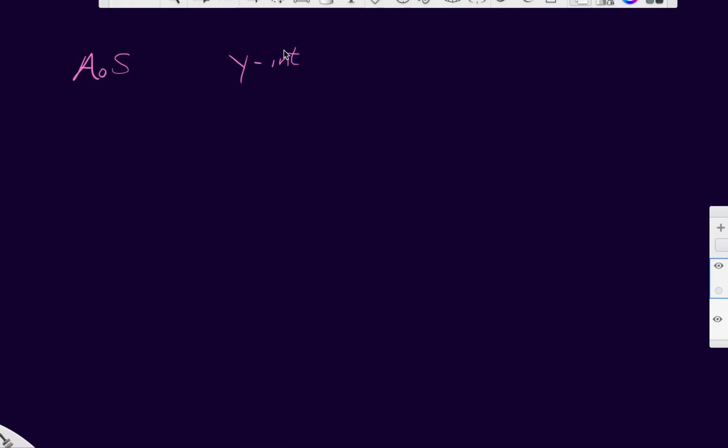And you'll remember we talked in class, the y-intercept is always what I call the constant. That's that thing that doesn't have a variable next to it, doesn't have an x next to it. It's hanging off the back end.